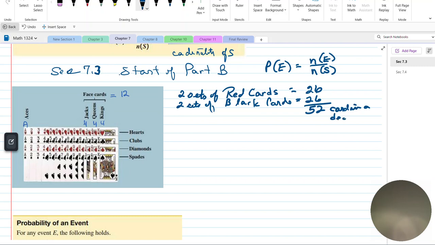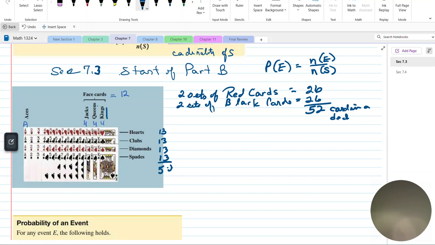All right. And then we have hearts, clubs, diamonds, and spades. On each one of these, there are 13 of them, up to 52. Now, this part right here are called face cards.